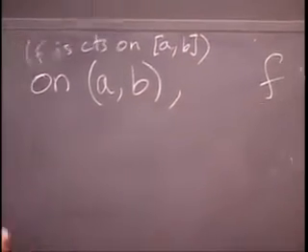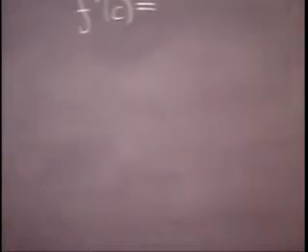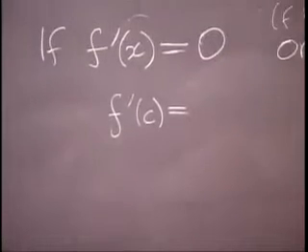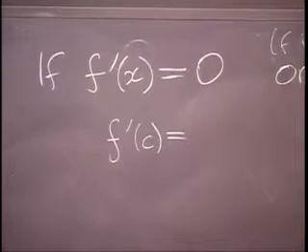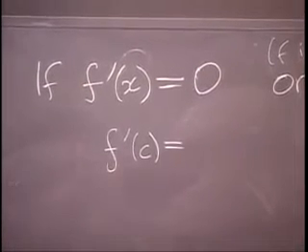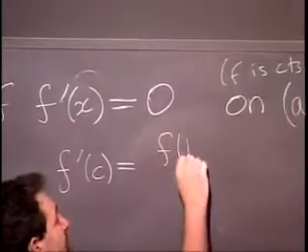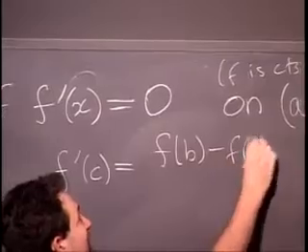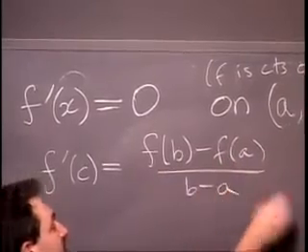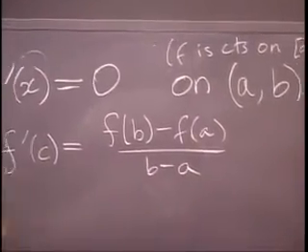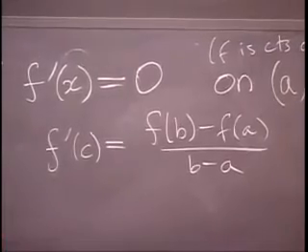It doesn't hurt to also fill in the endpoints. Doesn't matter. You can get around this, but I don't want to get too bogged down about it. Let's assume that f prime is 0. So we know f prime of c is f of b minus f of a over b minus a. Okay, so basically if we know this is true for some c.